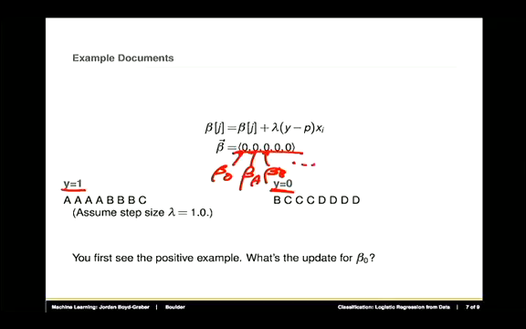Let's do our usual thing. So now talk to your neighbor and figure out what is the update for beta naught. I'll wander around and answer questions while people figure out what is a new value for beta naught, given this positive example. So this is the datum that we're taking the gradient with respect to.